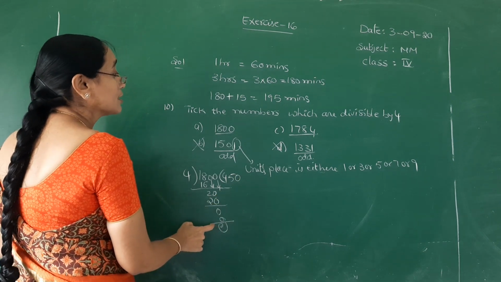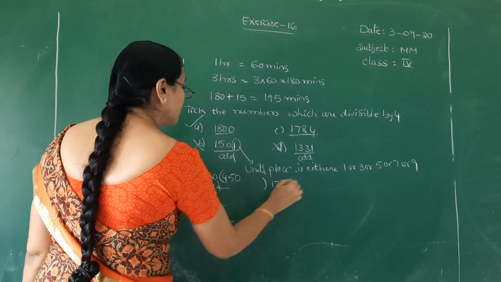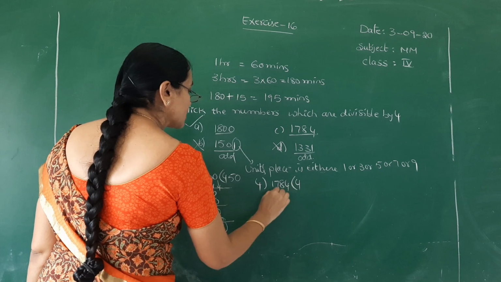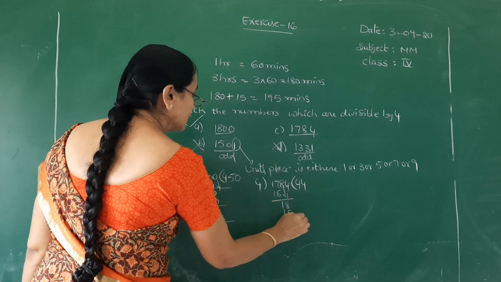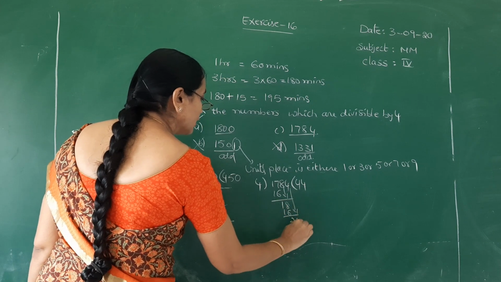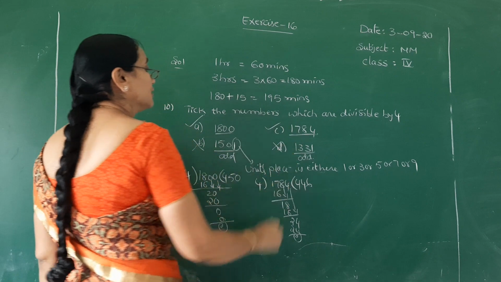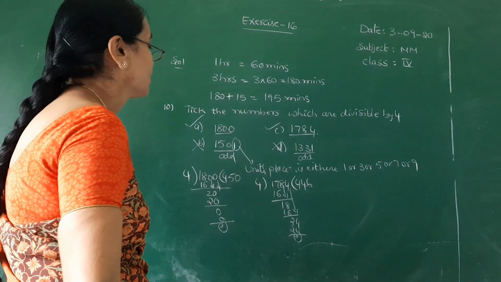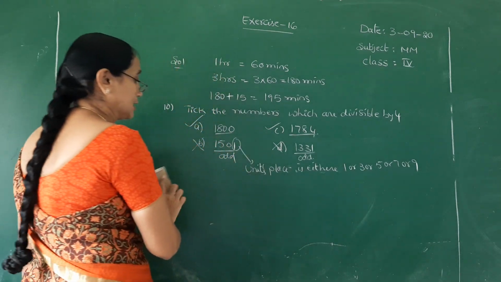The remainder is 0, so it is divisible by 4. And 1784, you have to divide by 4. 4 4s are 16 and drop 8. 4 4s are 16, 2 and drop 4. 4 6s are 24. Remainder is 0. So it is also divisible. But no need to do this long process. You learn the divisibility rules.